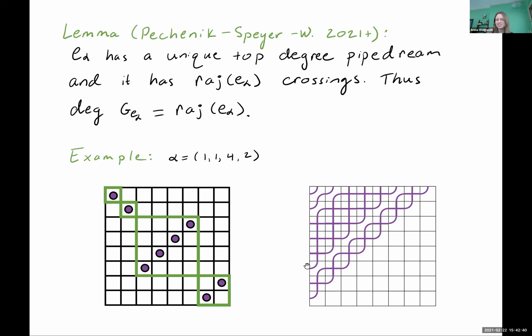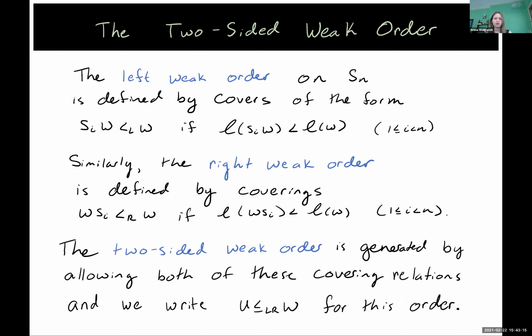For me, it's almost easier to count elbows instead of crossings, because you can notice along diagonals, at the end of each block row, you're going to get a diagonal that has just elbows. So you can subtract off some elbows and do some reformulation into the shape-based formula that we had before. I'm not going to get into the weeds of all that indexing, but it's an easy translation because we know this top pipe dream so explicitly in this case.